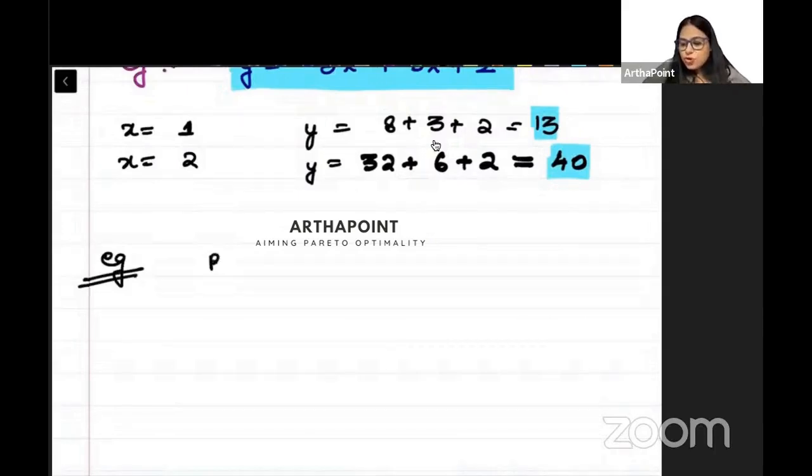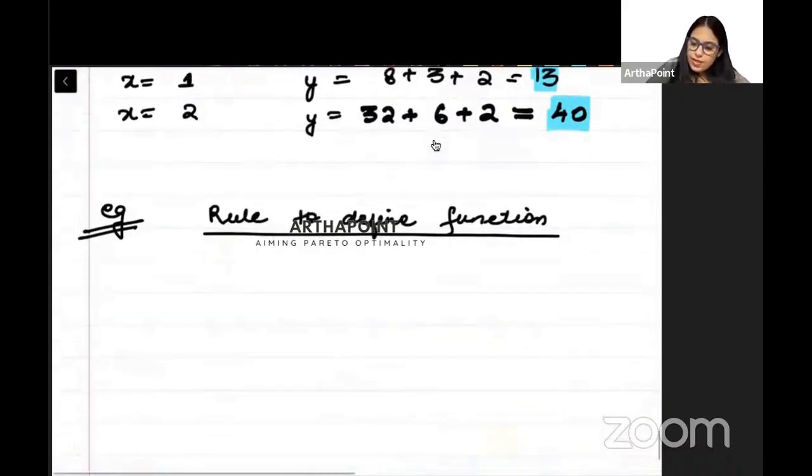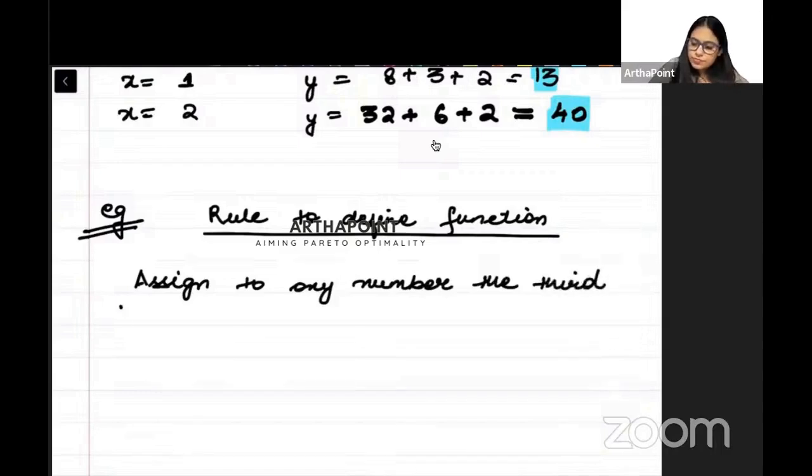Okay beta, let's take one more example. Suppose I give you a rule to define a function. What is the rule? Assign to any number the third power of that number.